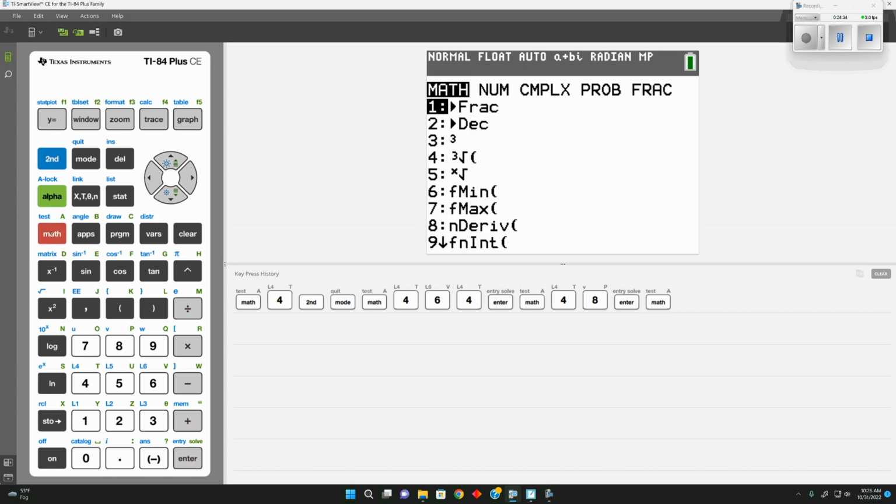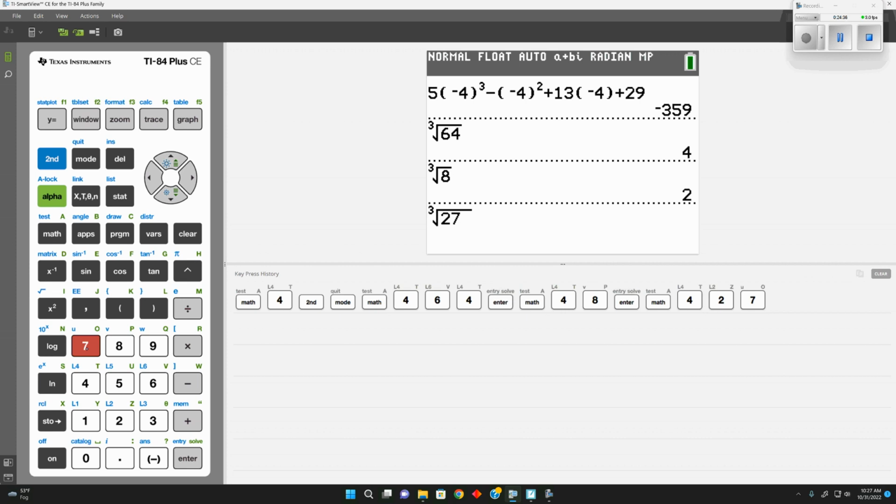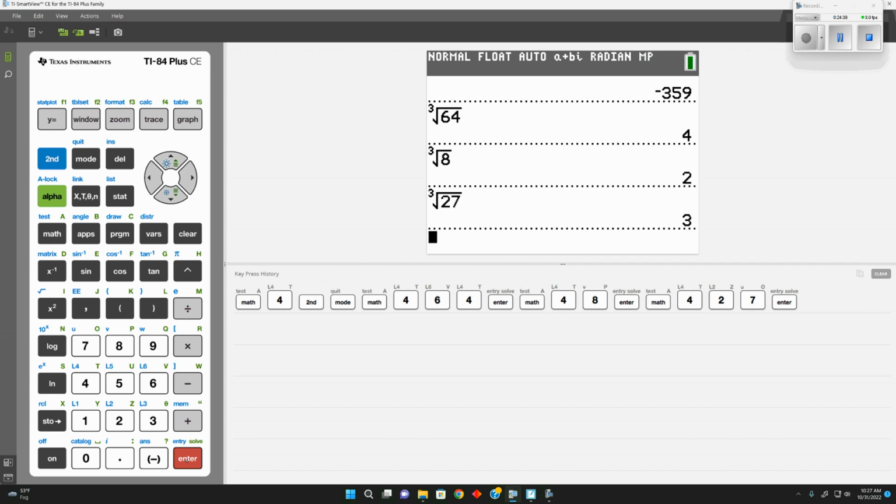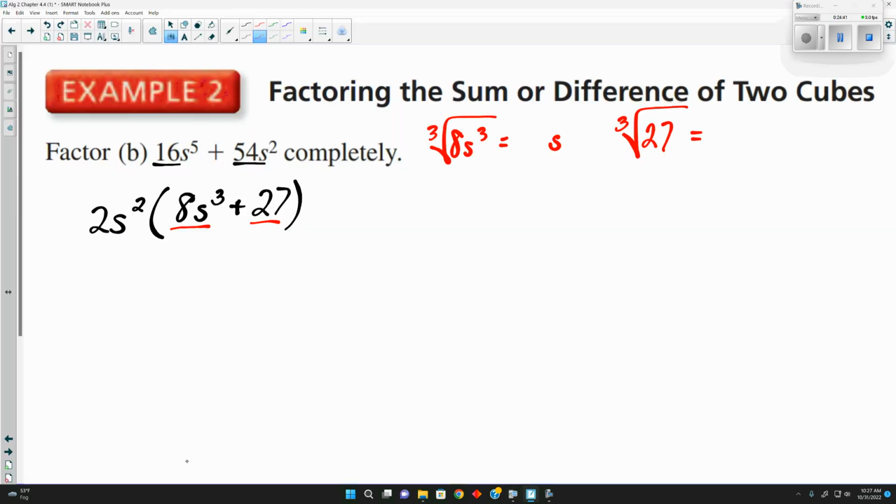We can also take the cubed root of 27, which is 3. So that tells us that the cubed root of 8s cubed is 2s. And the cubed root of 27 is 3. Which means for us, our value of a is 2s, and the value of b is 3.